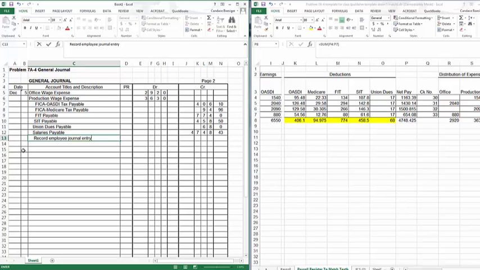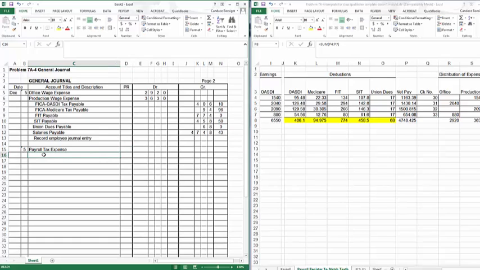Okay, but on the same day, I also have to record all of my employer payroll taxes. So I go over here, and all of those are going to go to a payroll tax expense account. I don't know what my total expense is yet, so I'm going to skip that debit.